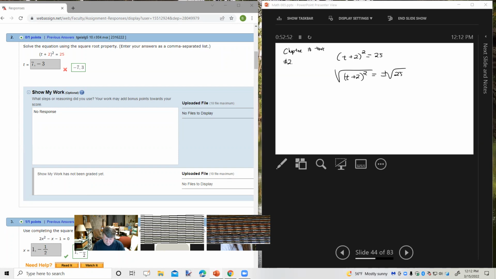So then t plus 2 equals plus or minus 5. Subtracting 2 from both sides, t equals -2 plus or minus 5. So t equals -2 plus 5, which is 3. T equals -2 minus 5, which is -7. So t equals -7, comma 3.